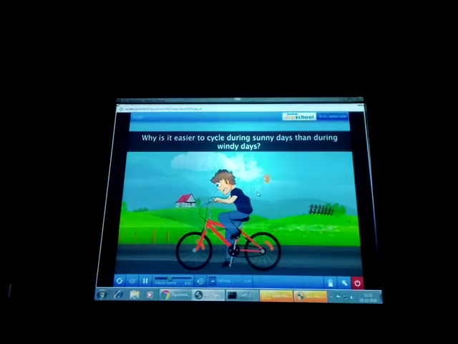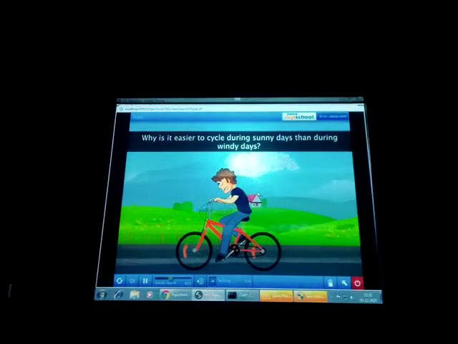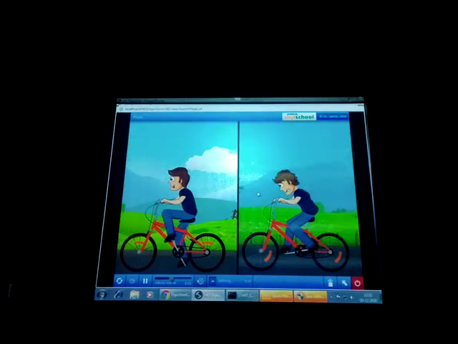Can you say why? In both situations, there are two forces acting on the bicycle. One is the force applied by the bicyclist on the pedal in order to move the bicycle forward. The other is the force of wind acting in the opposite direction of motion.